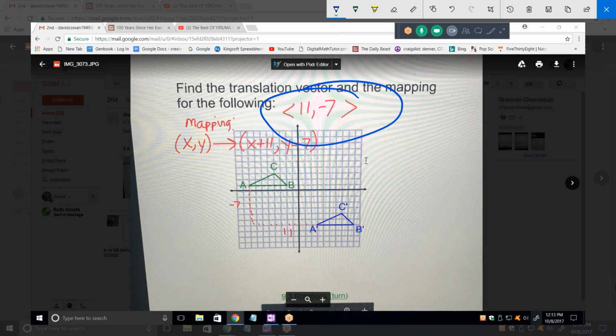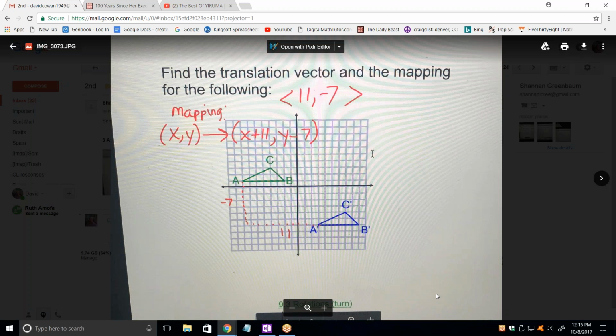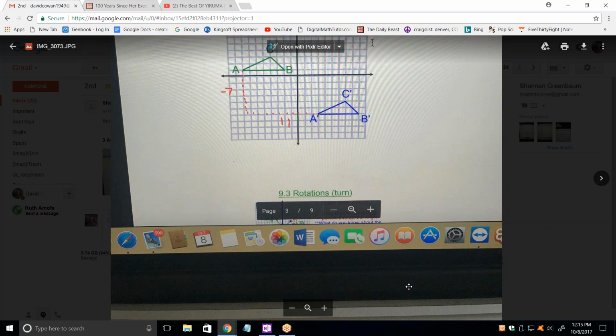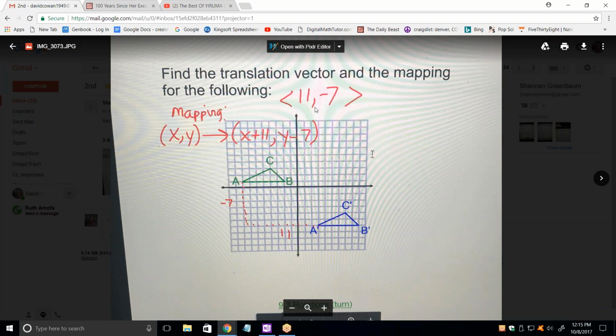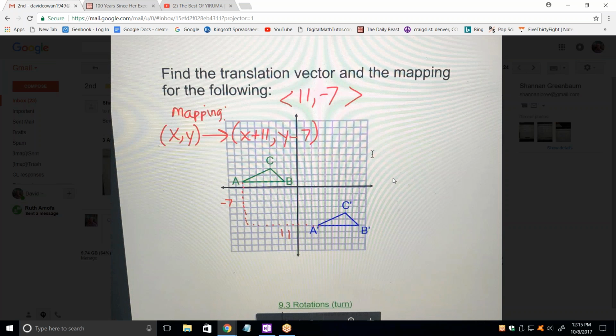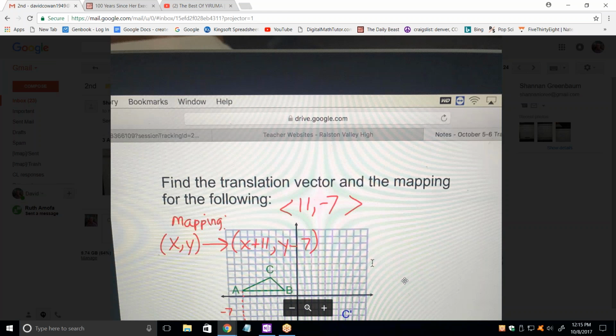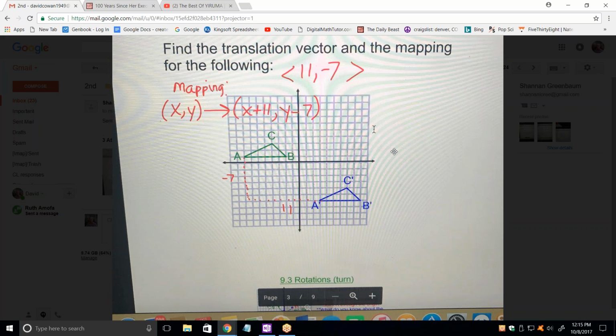Is that all you have to do for that problem? Find the translation vector and the mapping for the following. This is an example problem, like what we do in class.